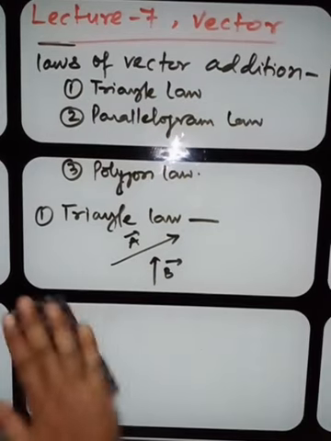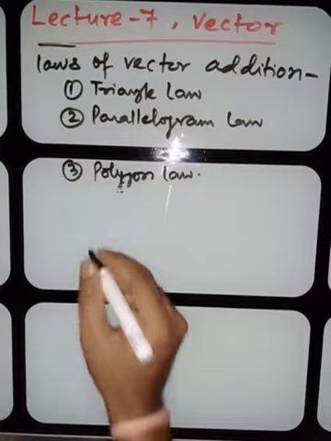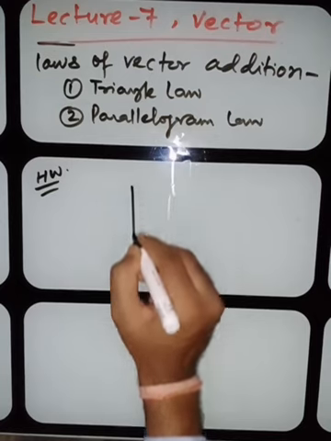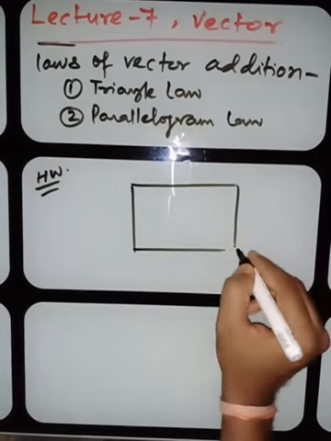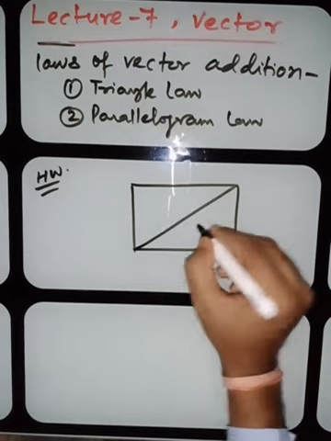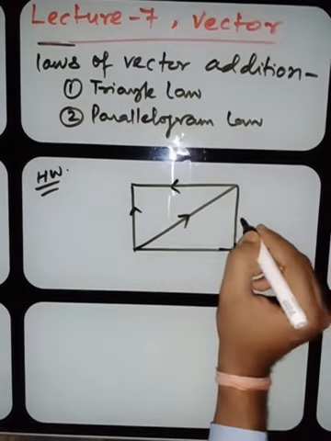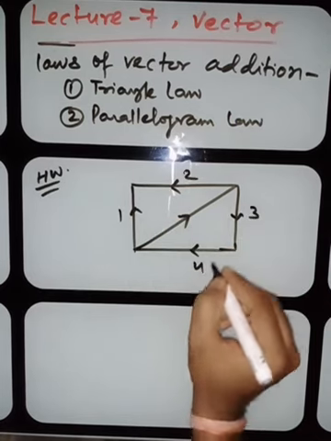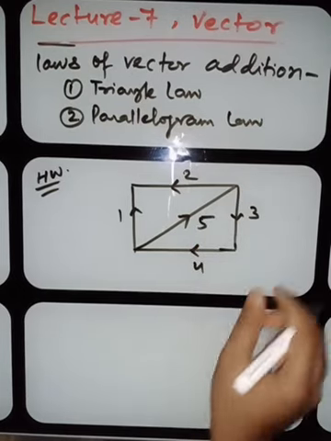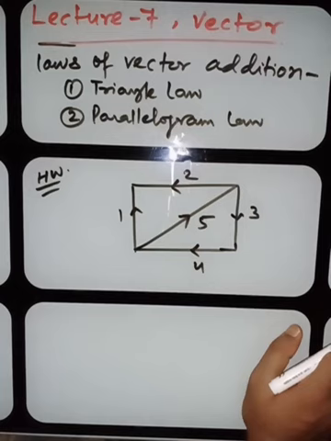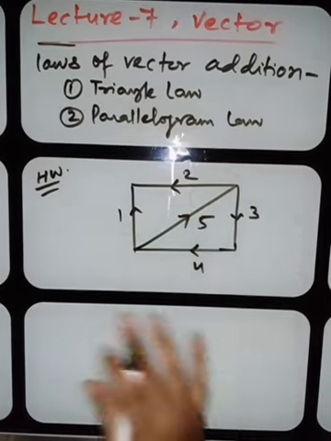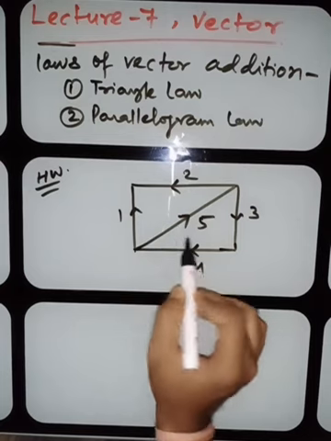Now for your homework, this is your homework. Here I'm representing a number of vectors: 1, 2, 3, 4 and 5. In this diagram, you have to find which vectors are the sum of which vectors. Here you have to find the combinations, 1, 2, 3, 1, 2, 3.